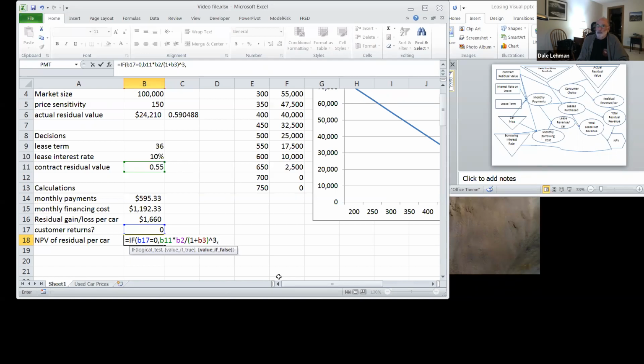If they do return the car, so they bought the car, what we're getting is the actual residual value. So what we're getting is B6 divided by 1 plus B3 to the third power.